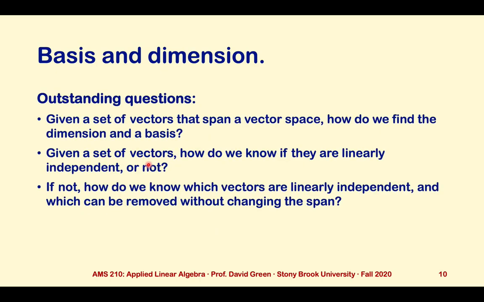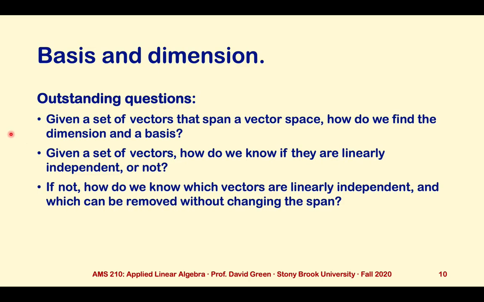So far, we've really just defined these ideas. What are some of the outstanding questions? Given a set of vectors that span a vector space, how do we find the dimension and a basis? Underlying that problem, how do we know if a set of vectors is linearly independent or linearly dependent?